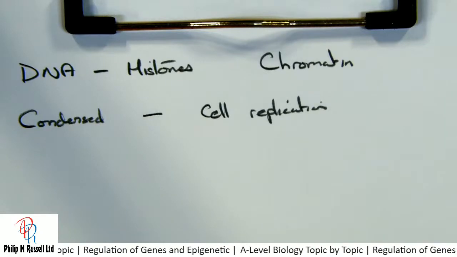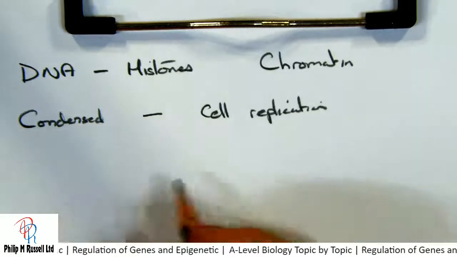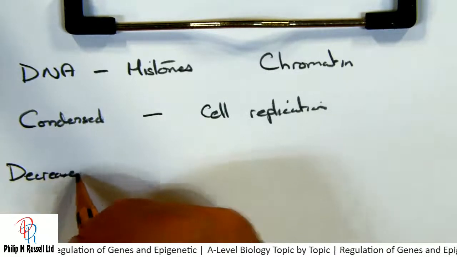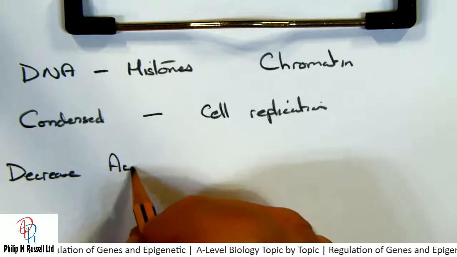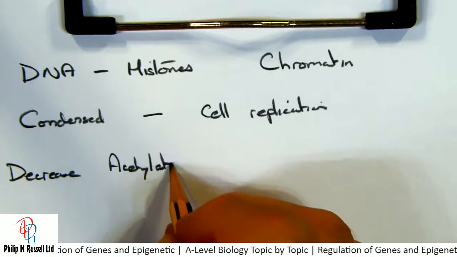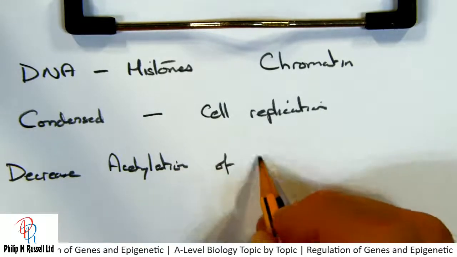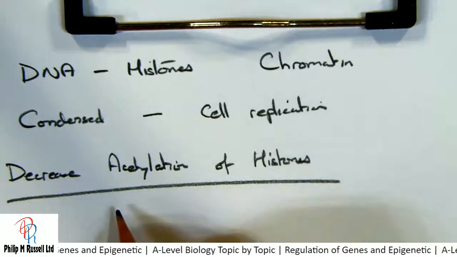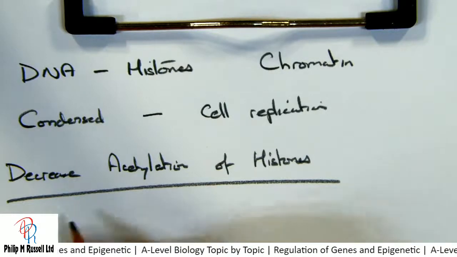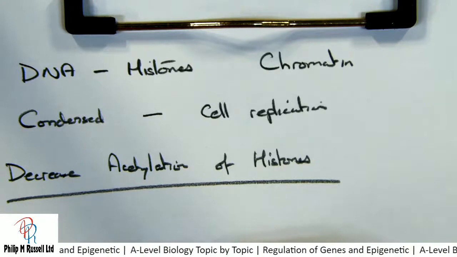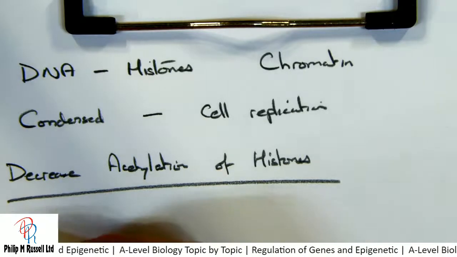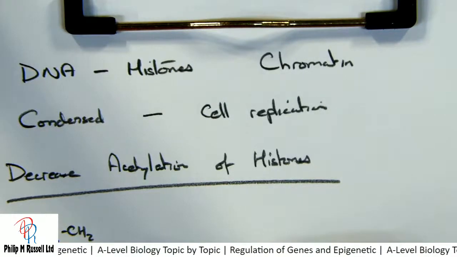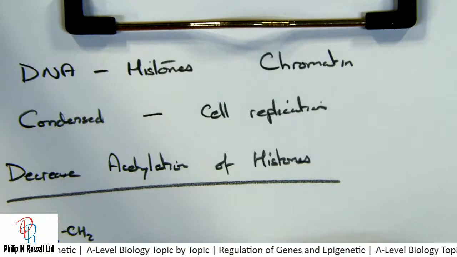So let's look at this. So we've got two choices here. We can decrease acetylation. Basically, acetylation is a process by which an acetyl group, which is CH3, CO, here is transferred to some sort of molecule.